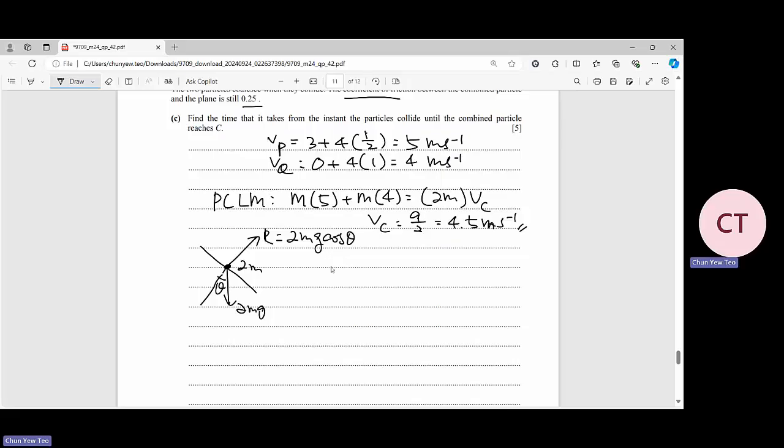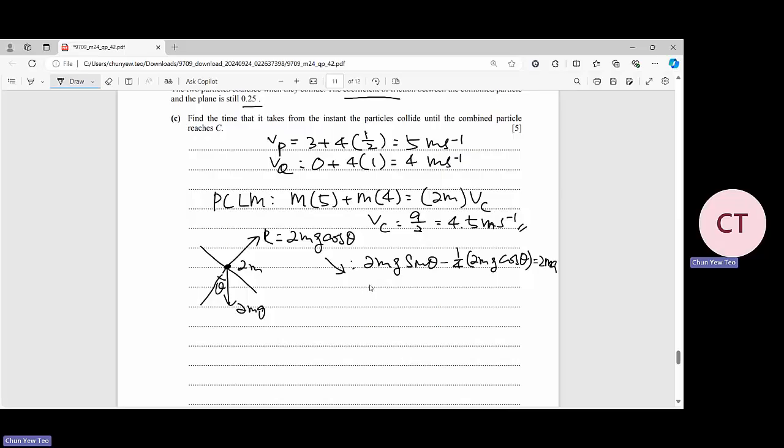If you resolve it this way as well, then you get 2mg sin theta minus, I forgot to put the mu, your frictional force is 1/4 of the 2mg cos theta, then it's equal to 2ma. You can see that actually the a is still the same.